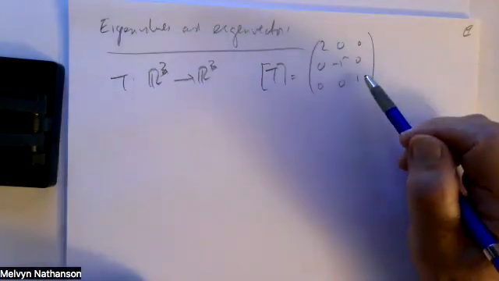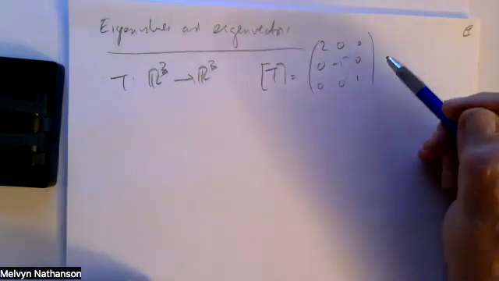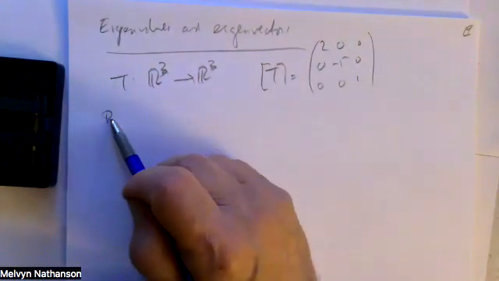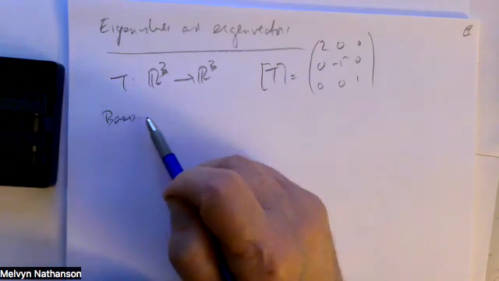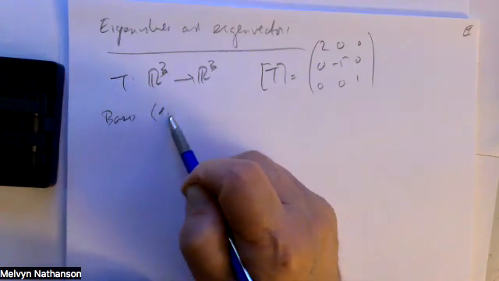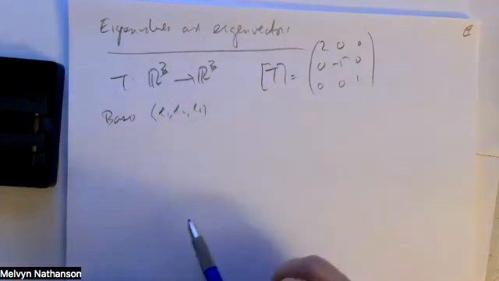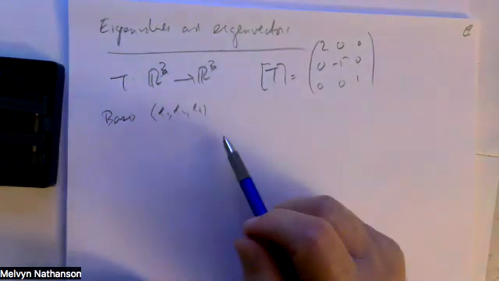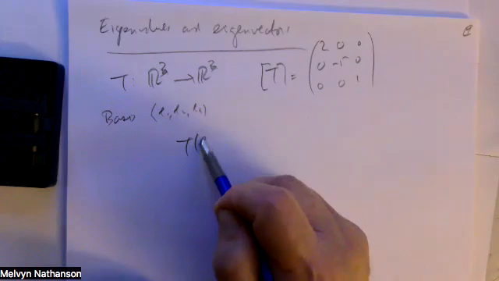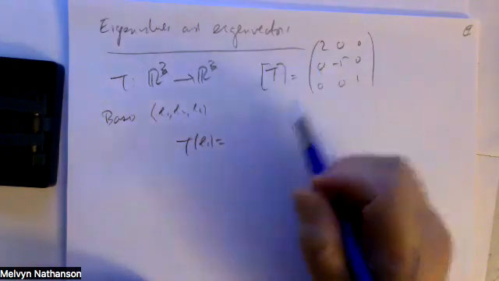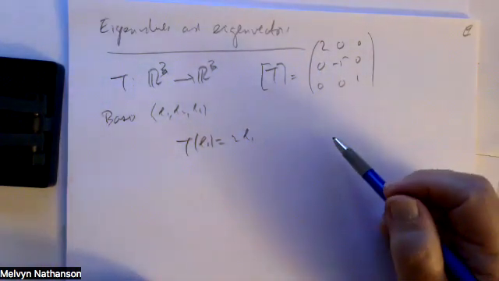And what this means is, well, that's the basis. So suppose this is the matrix with respect to the standard basis, E1, E2, E3. So this means that T of E1 is just 2 E1, right?